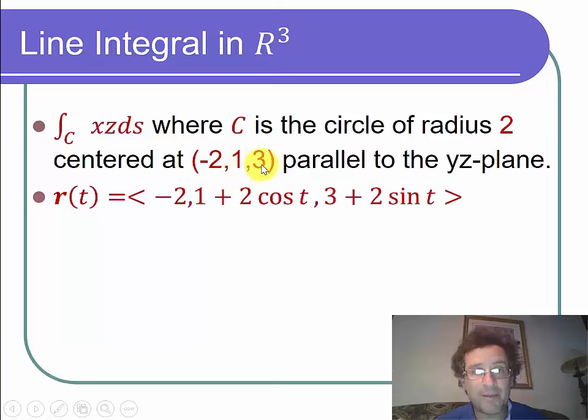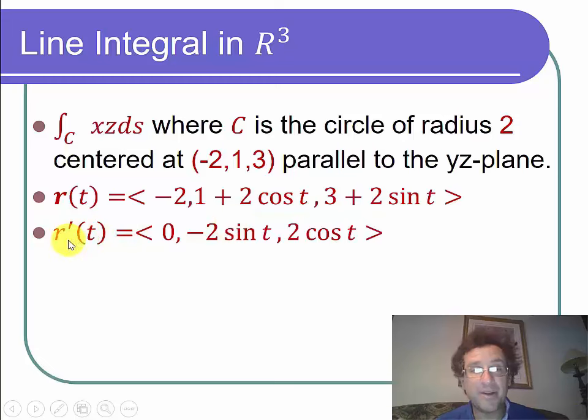The center is (1, 3), so we have 1 plus, the radius is 2, so 2 times the cosine of t is the y component. And for the z component, our center is 3, so we have 3 plus 2 times the sine of t. So there's a vector-valued function that represents this circle.